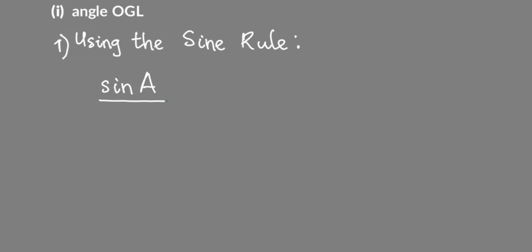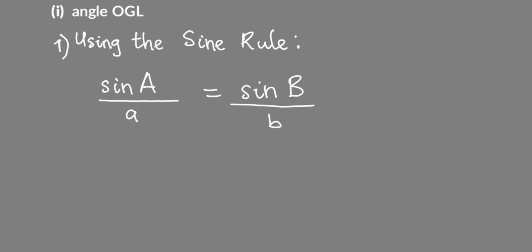Now I want you to get used to not writing it in this form and just writing it directly. You can put your sides on top, your sine B below. There's no problem with that. You can write it in this form and just know which angles you are replacing.